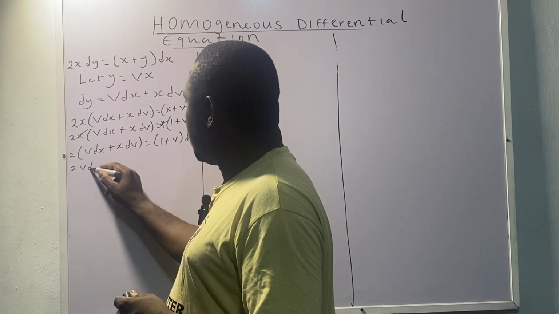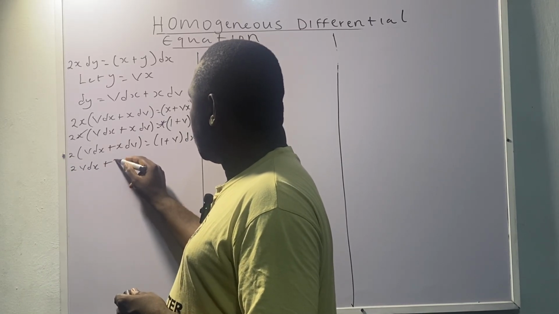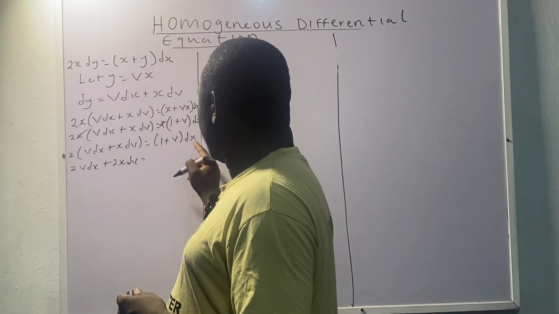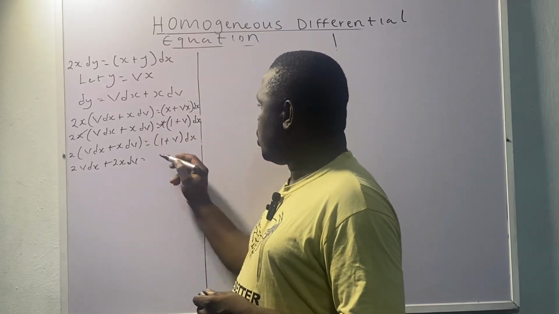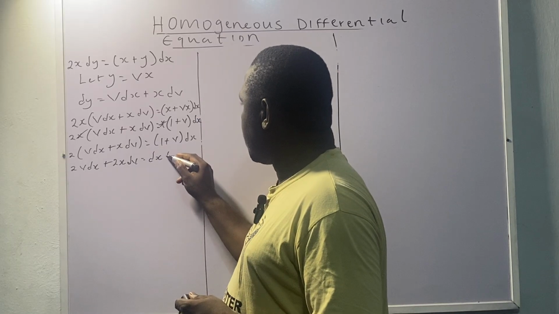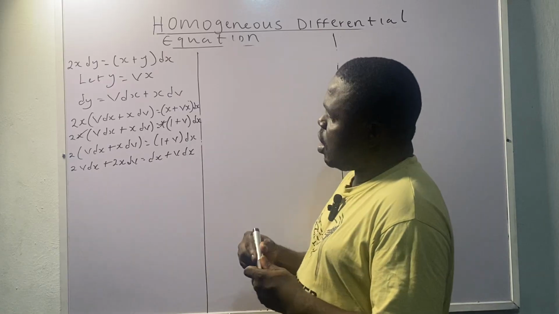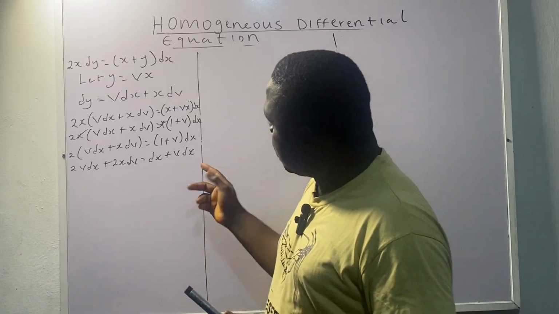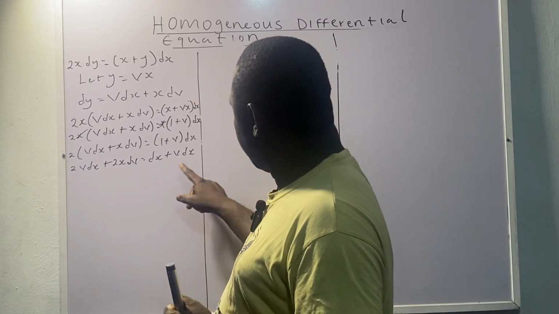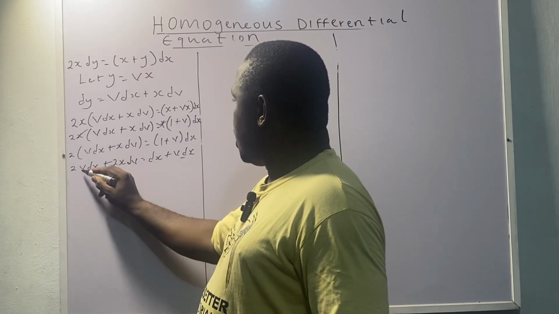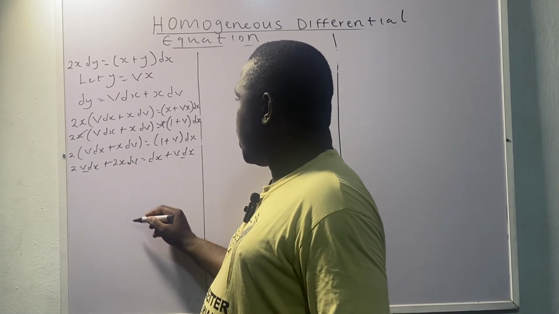You have 2v dx, then 2x dv. Use this to multiply this, so we have dx plus v dx. Now we need to check: is there something that looks alike we can remove? Yes, see this expression here and this one look alike.